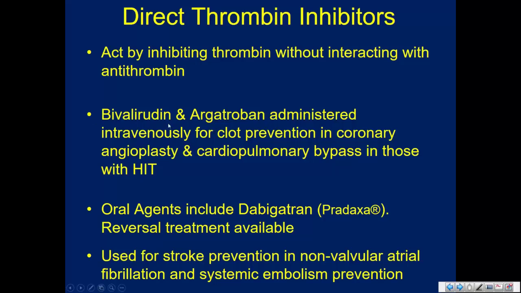So, to bring this home, bivalirudin is administered IV for clot prevention in coronary angioplasty and bypass. So similar indications as heparin, if you recall. The reason why heparin is favored is it's cheaper, a lot cheaper. Bivalirudin is expensive. But hospitals are now stocking up on it in case heparin fails.